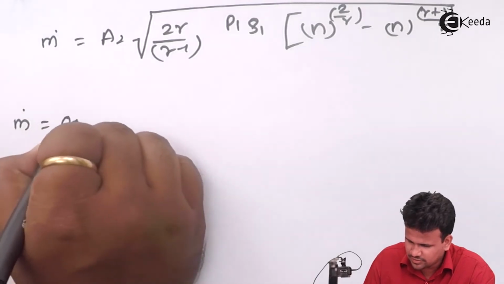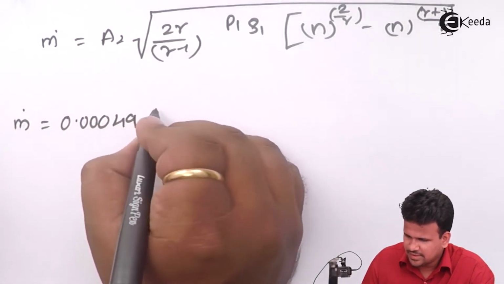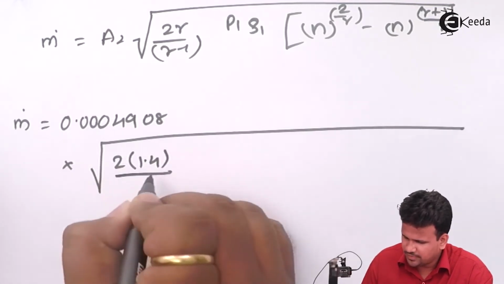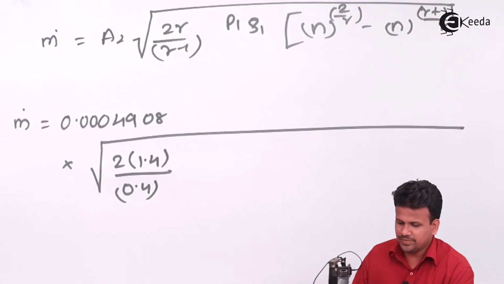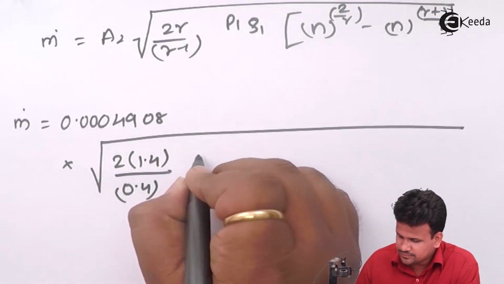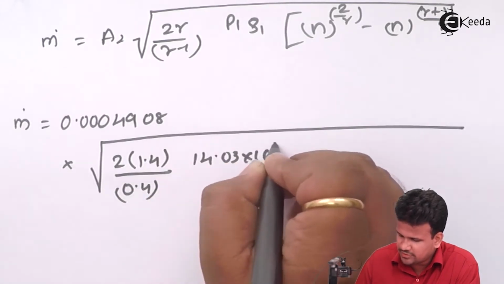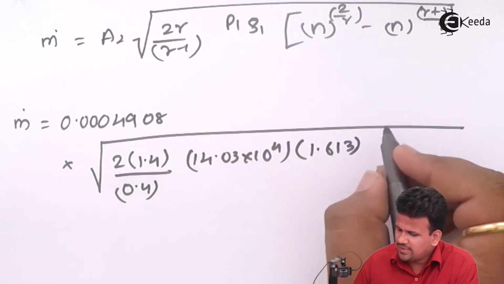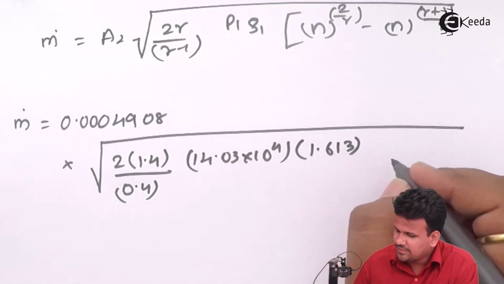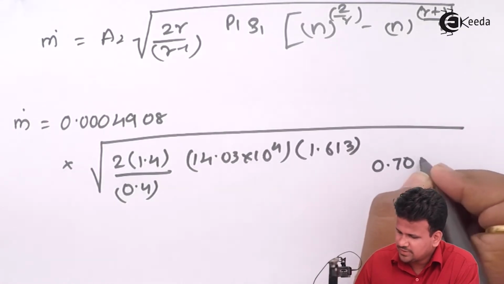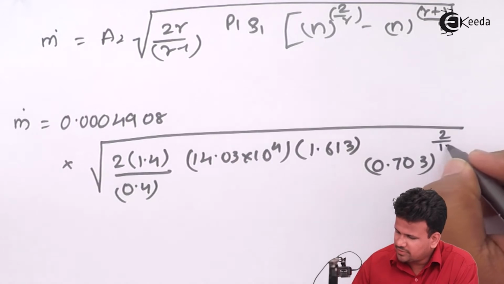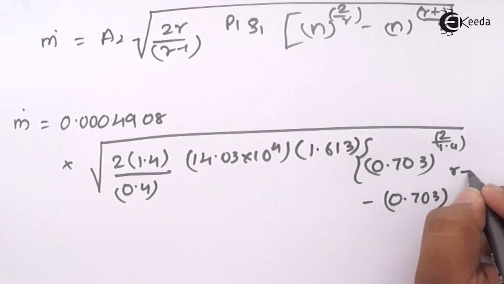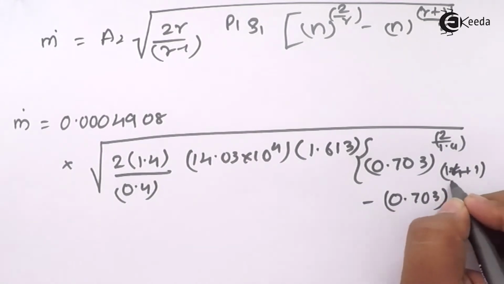So m dot is equal to 0.000494908 into square root of 2 into 1.4 upon 0.4, that is gamma minus 1, and P1 is equal to 14.03 into 10 to power 4, rho 1, which is equal to 1.163, and the value of N, we know, is 0.703 raised to 2 upon 1.4 minus 0.703 raised to gamma plus 1, gamma is 1.4, upon 1.4.